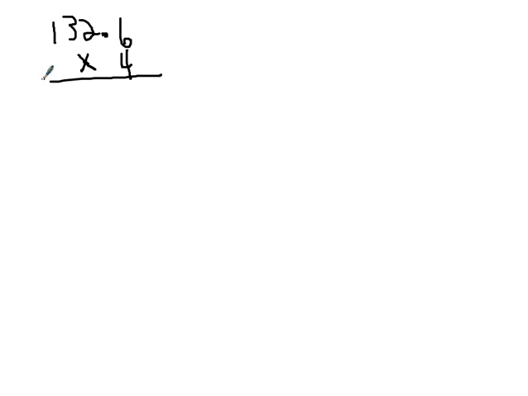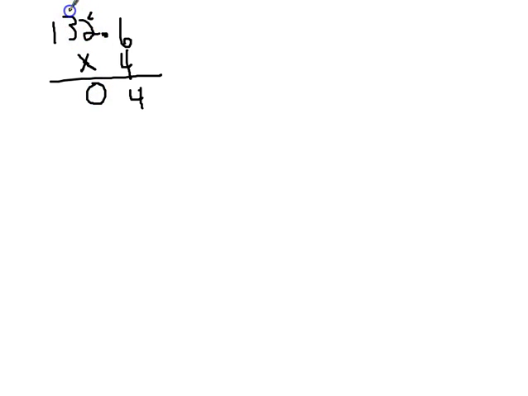Okay, so now I'm going to just multiply. 6 times 4 is 24. I'm going to put the 4, carry the 2. 2 times 4 is 8, plus 2 more is 10.